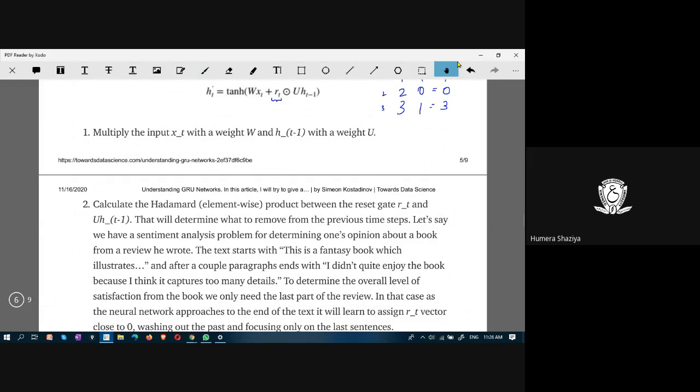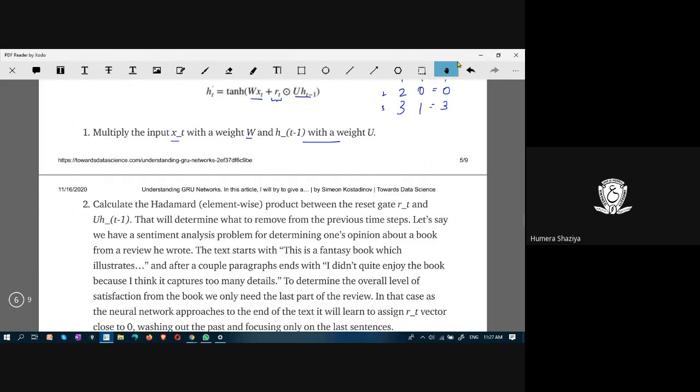All right. This part and this part. Then step 2 is to calculate the element-wise product between the reset gate RT and U h sub t minus 1.